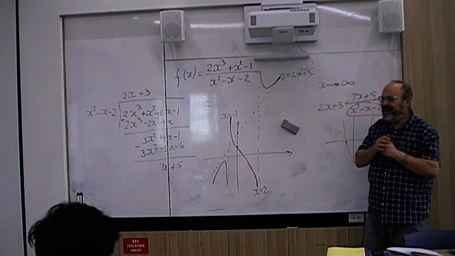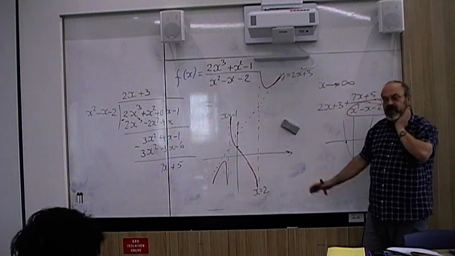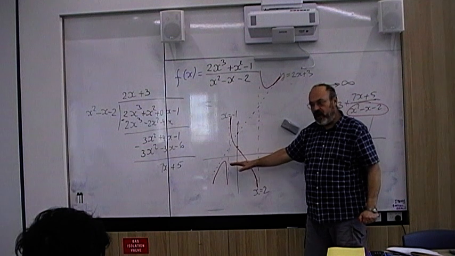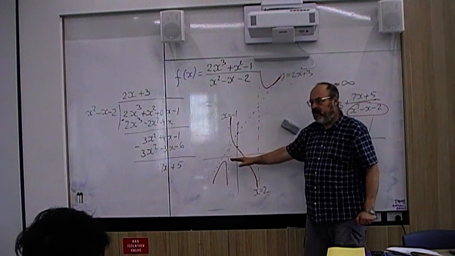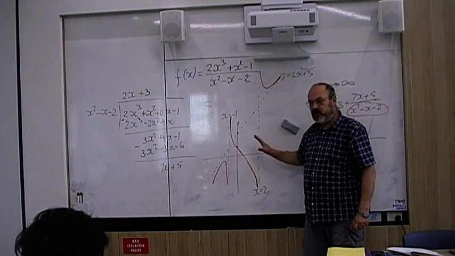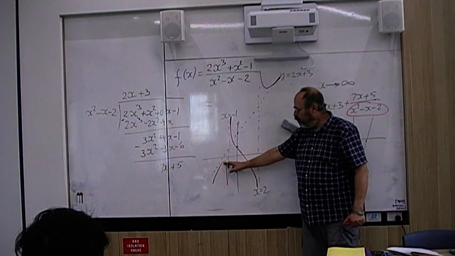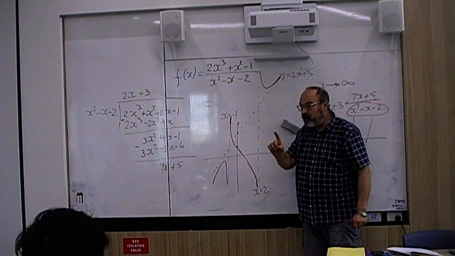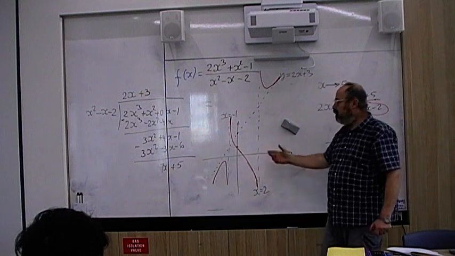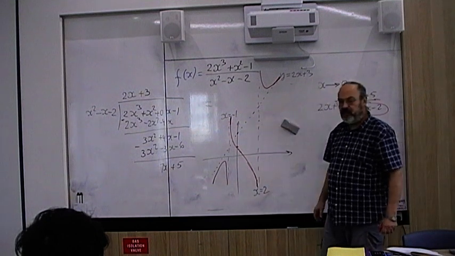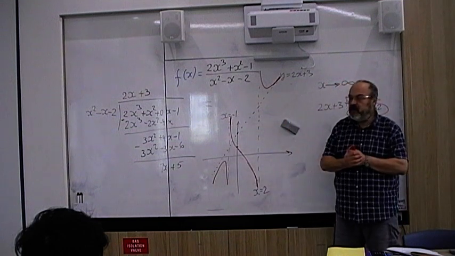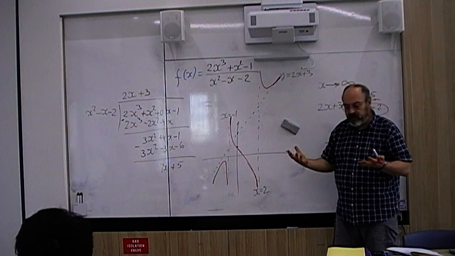As I'm saying, at this stage you're not required to find the stationary points, just the shape of the graph. I'm not asking about the stationary points here without a calculator. With a calculator you can find them, but it's just a lot harder. Okay, that's pretty much all about the graphing for today.